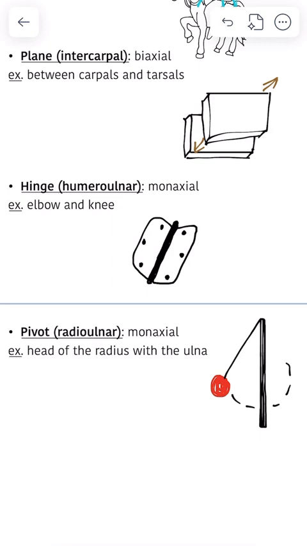And then that final one is the pivot, and that is also called radioulnar and is monaxial. The best example of that is the head of the radius with the ulna. So when we twist the wrist over, we see that our entire arm doesn't switch over, it's just rotating that antebrachial part of our arm.